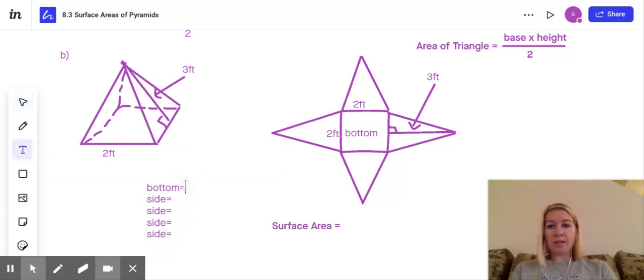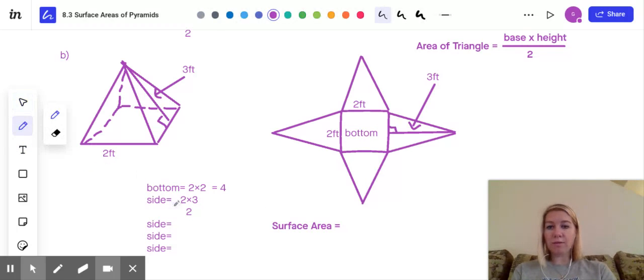So let's go ahead and find each individual area. The bottom is a square, like I said, so we're just going to do base times height. Base is 2 times height is 2, and I know that equals 4. And the sides, the base is 2 times the height is 3, and then we need to divide by 2, because area of a triangle is base times height divided by 2.